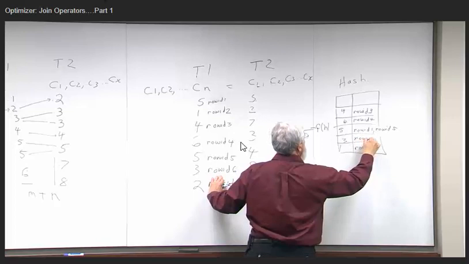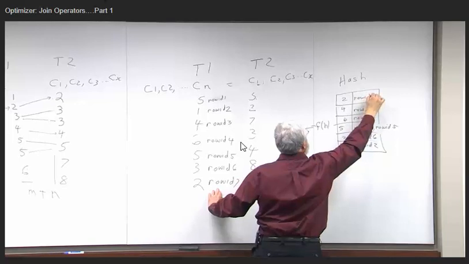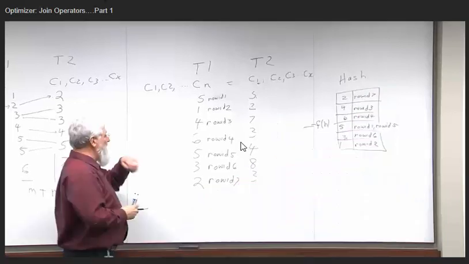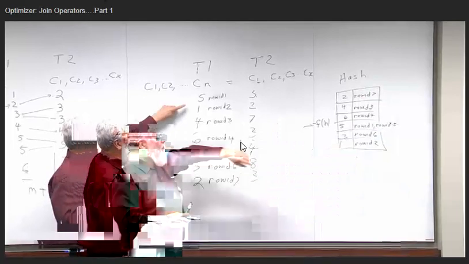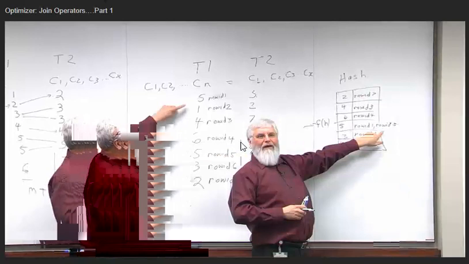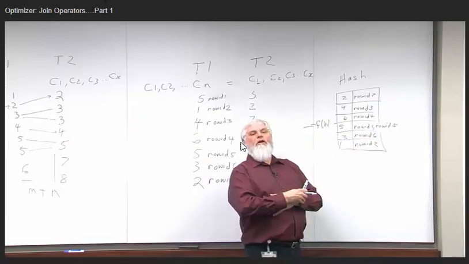I discovered there were 2 5s. I guess I should have made my table a little bigger. We would just document the 2 rows. And I just applied the hash function to each of these, and they hash to different locations. And I fill in 1 or more row IDs.